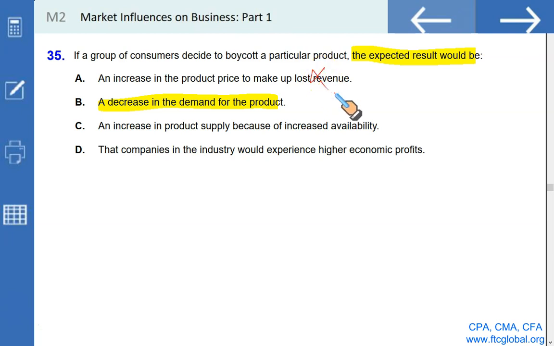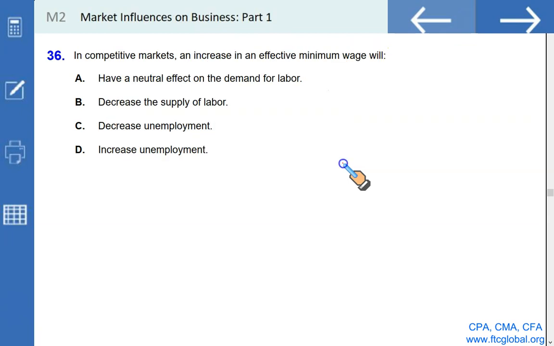Increasing price will further decrease the quantity demanded because they are already being boycotted. B, an increase in the product supply because of increased availability. Wrong. Supply will be unaffected by the boycott. D, that the companies in the industry would experience higher economic profit. This is again wrong. A boycott of a particular product will reduce the overall profit for the industry, and of course specifically for that particular business or firm.